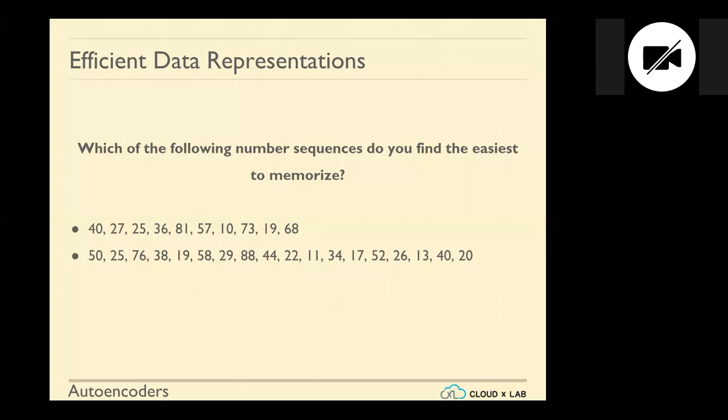If the number is odd, then multiply it by 3 and add 1. So if I know the initial number as 50, I can generate the rest of the sequence by this knowledge. While in the first case, it's very hard to memorize so many numbers, right?